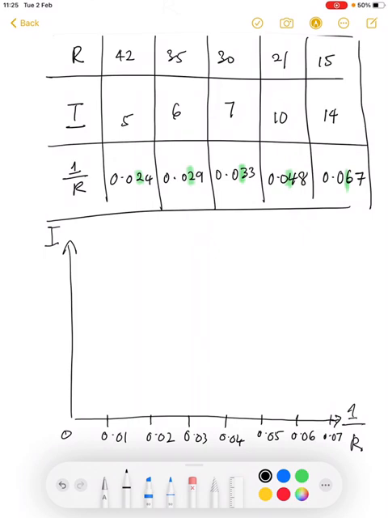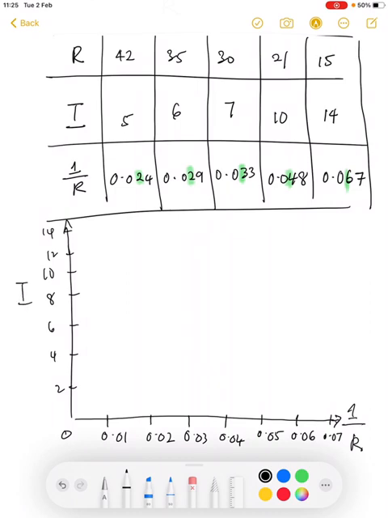As for the vertical axis, the current, it runs from 5 till 14. So I would prefer to use 2 centimeter to 2 units. 2, 4, 6, 8, 10, running out of space, 12, 14.